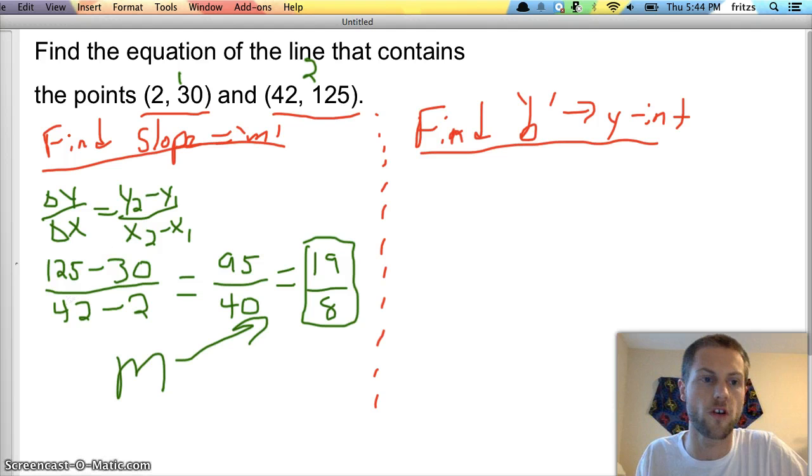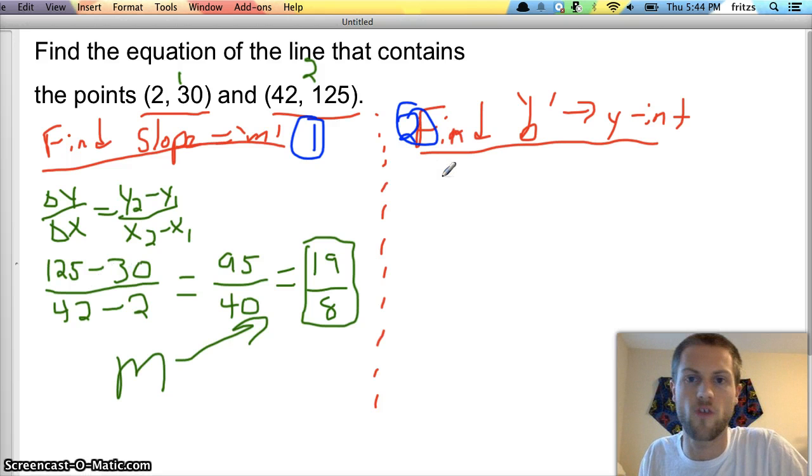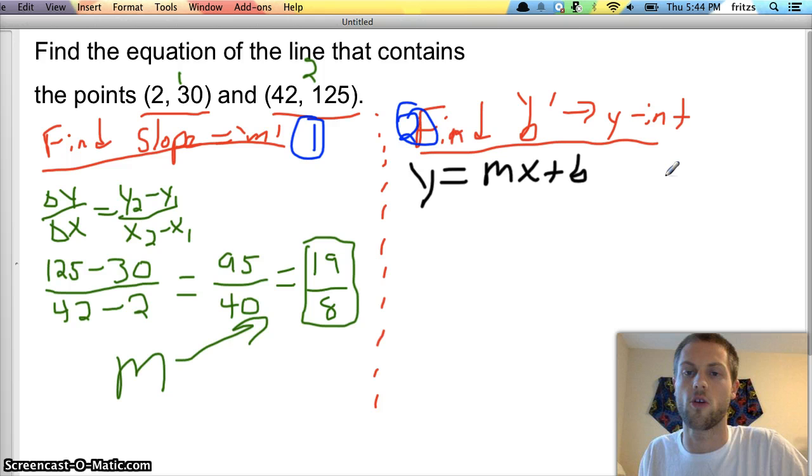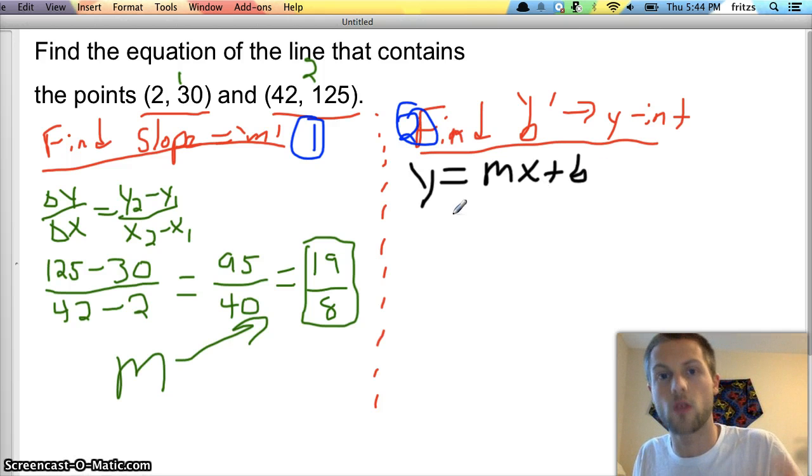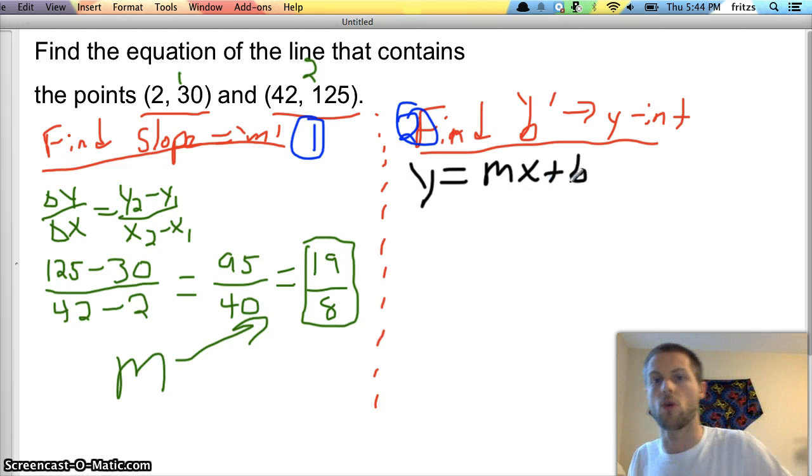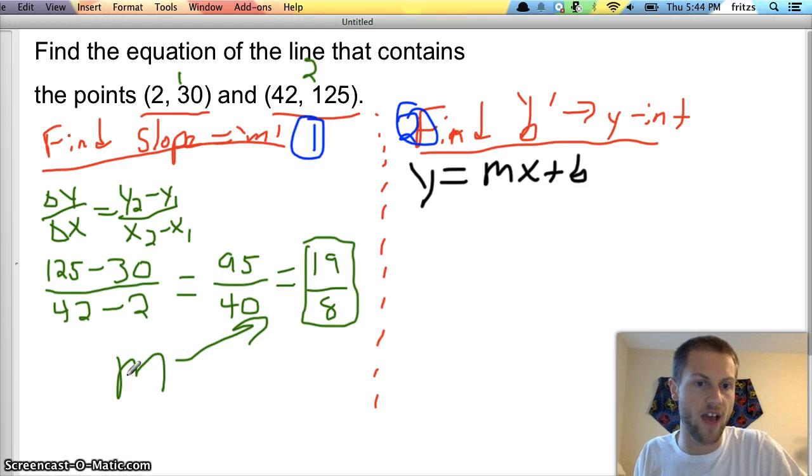So this is always your first step, to find your slope first, and your second step is to find your b. So let's go forward finding the b. Now we want our equation to be in y equals mx plus b format. And this is where we have to plug in what we know and solve for what we don't know. We're looking for b, and we have an m, and we also have a set of points that are on this line.